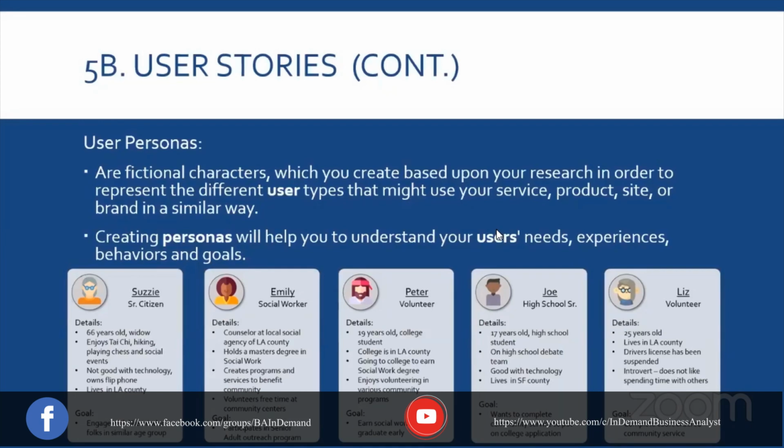So once you start building personas, you get a good understanding of who your audience is, who your actors are, because now we have a picture, we have some details. We can reference this persona card as we're writing our user stories or even requirements.